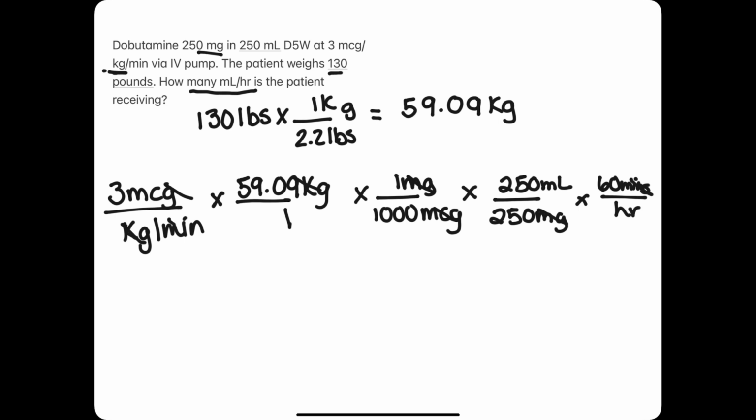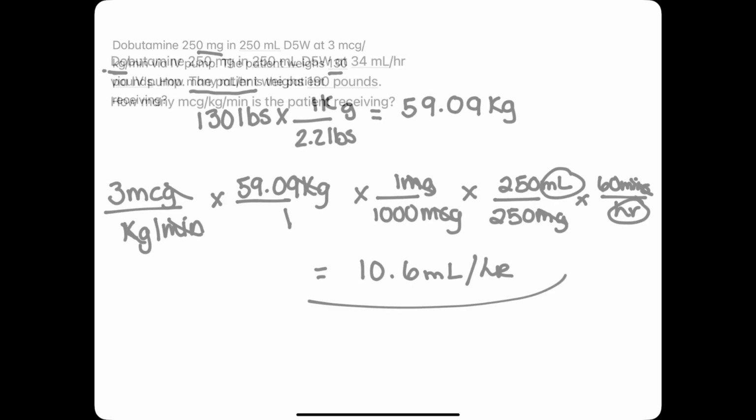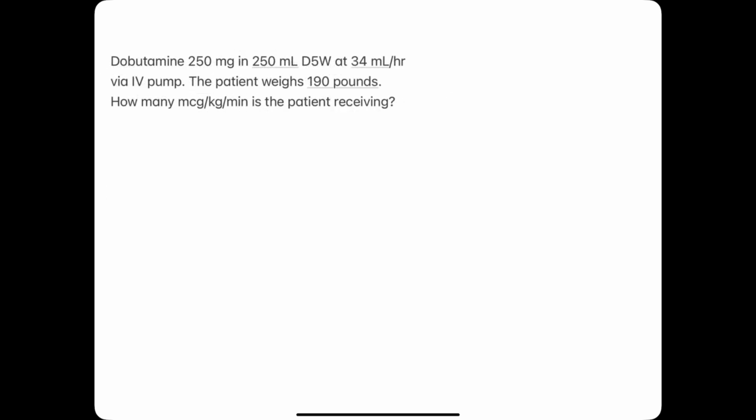So minutes is going to cancel out, and we're left with mLs per hour. So we're going to multiply straight across the top, and then we're going to divide, and then we should get 10.6 mLs per hour because we want to round to the nearest 10. And this is dobutamine 250 mgs in 250 mLs of D5W at 34 mLs per hour via IV pump.